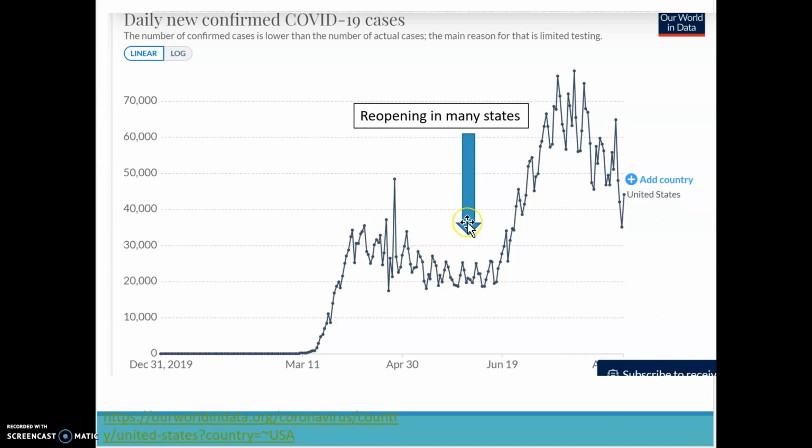But what happened here? Well, it started going down, and we were a little too optimistic. And as we'll learn through various other modules, we opened up a lot of the controls. We opened up stores, businesses, etc. And the case rate climbed very rapidly again.